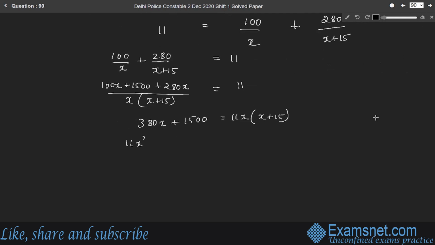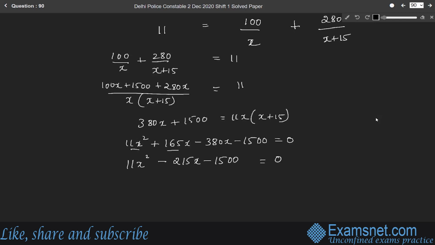So 11x square plus 165x minus 380x minus 1500 is equal to 0, right? Or else we can still simplify, then later we can solve it. 11x square, so plus 165 minus 380 becomes minus 215x minus 1500 is equal to 0.